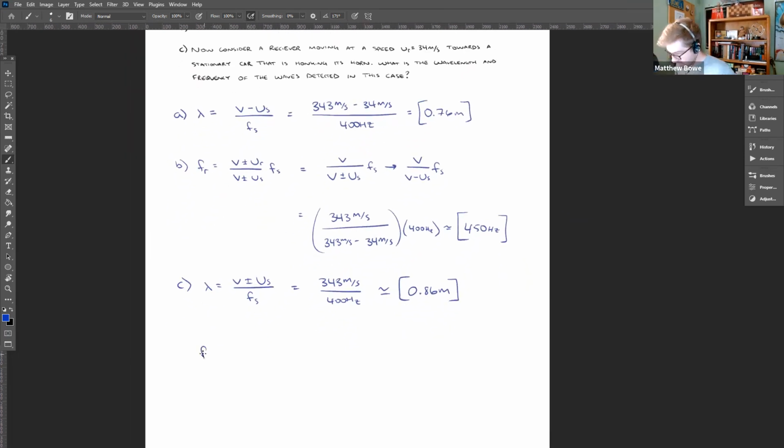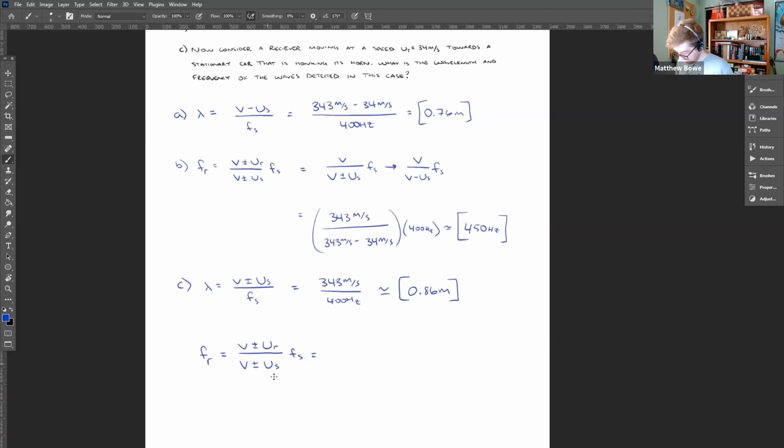What is the frequency detected by the receiver? We'll do the general form. Frequency detected equals the velocity of the wave plus or minus the velocity of the receiver, over the velocity of the wave plus or minus the velocity of the source, times the frequency of the source.